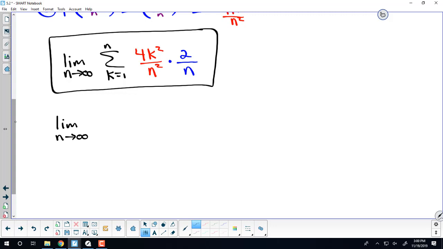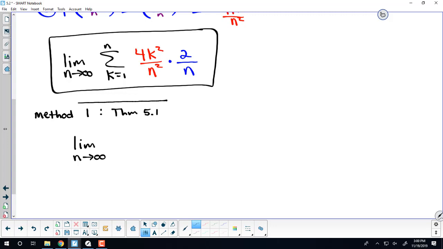We're going to look at this through the lens of the summation formulas from Theorem 5.1, and then I'll give you a handout that'll maybe simplify this a bit. So method 1 is Theorem 5.1.